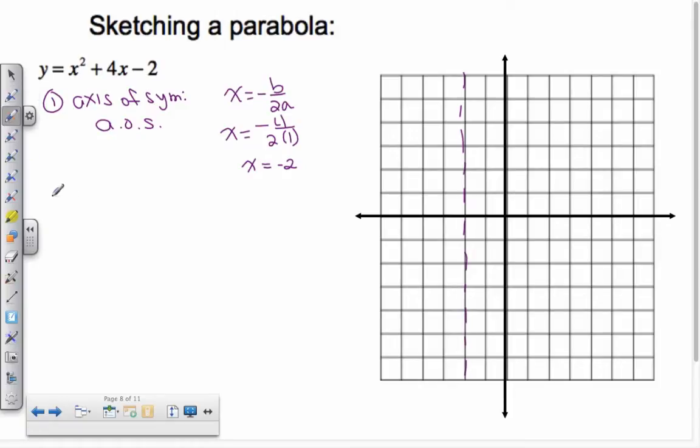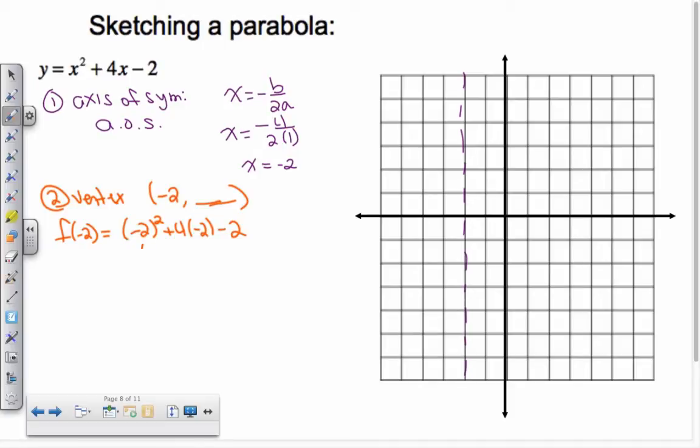The second thing you're going to do is find that vertex point. Well, you've already found the negative 2 part. Now we just need to figure out the other part, and that's where you plug it into the original equation. So you're going to do f of negative 2. You're going to have negative 2 squared plus 4 times negative 2 minus 2.